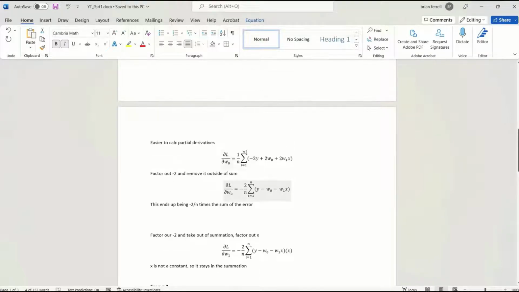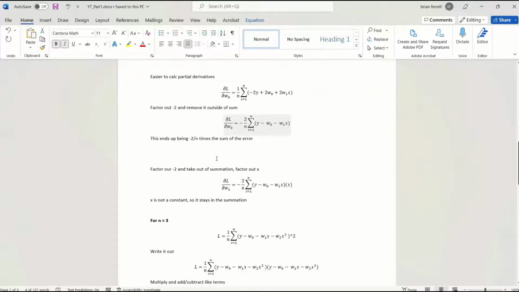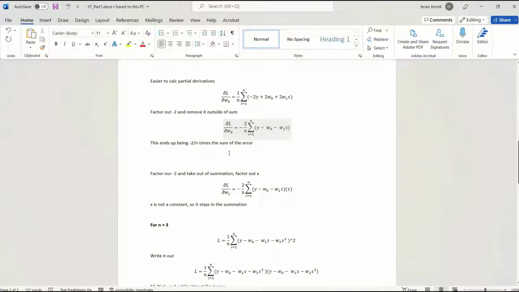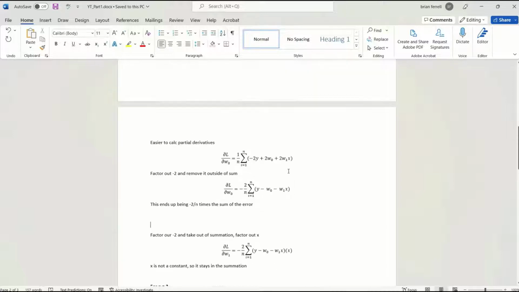But what if we want to take the partial derivative of our loss with respect to weight 1? That would look like this, where you still factor out a -2 and take it out of the summation, but now you can factor out the x.